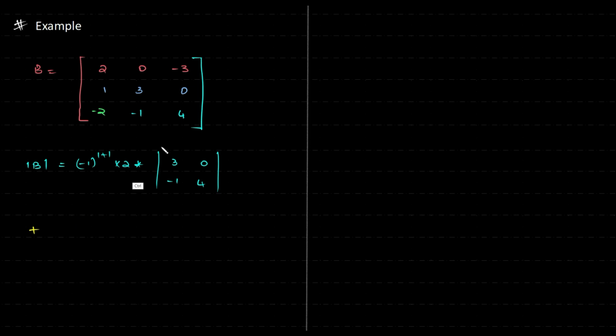Next, since I'm using expansion along the first row, R1 basically, we have minus 1 to the power of 1 plus 2 into 0, and anything into 0 is 0 itself, so I don't need to bother.